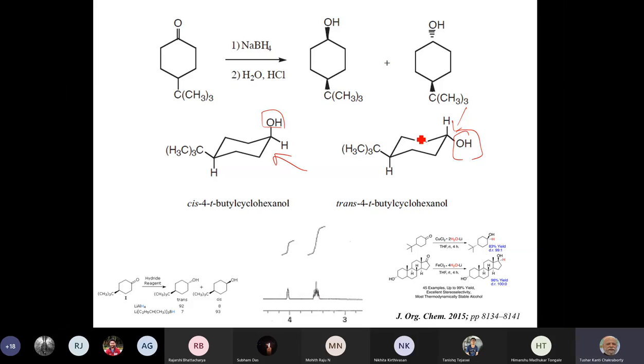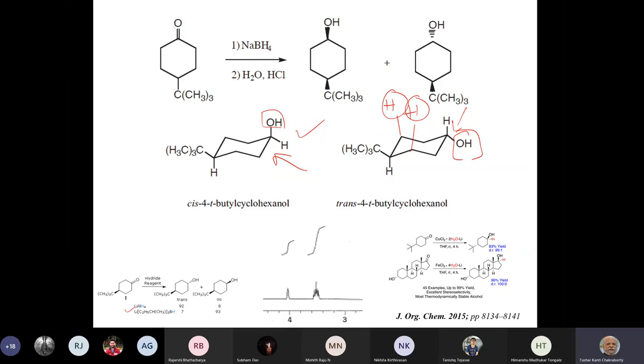Attack by the hydride can have some steric hindrance with the other hydrogen that is present here. That is why sometimes a very crowded borohydride reagent, as you have here, will give more of the equatorial attack, so it cannot approach from the top side, and it gives more of this axial OH, with the hydride coming from the equatorial position.